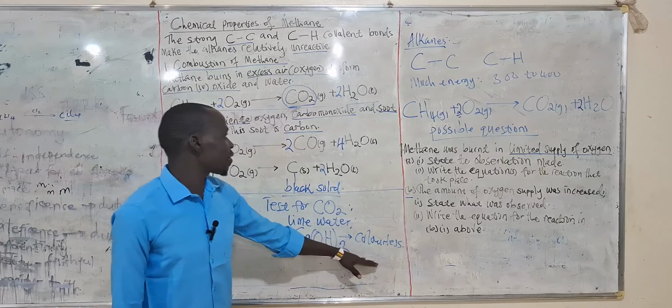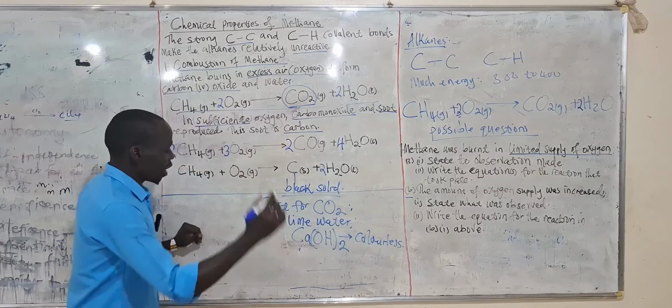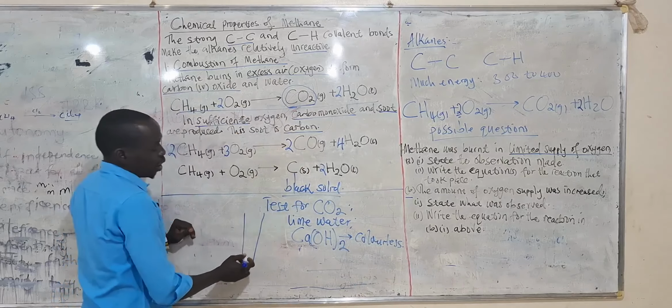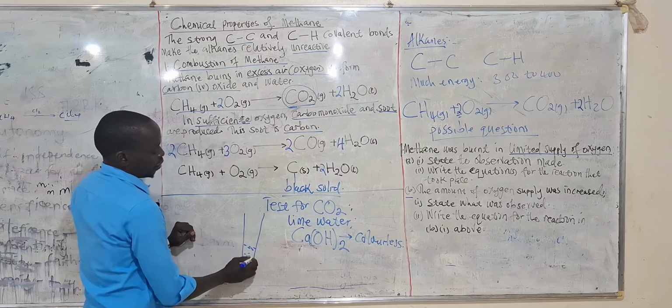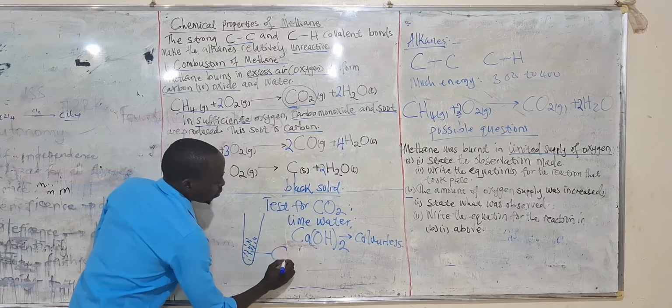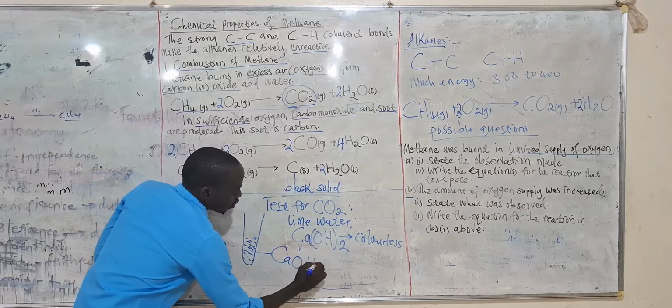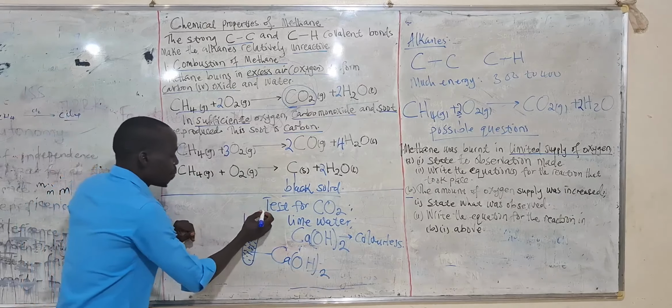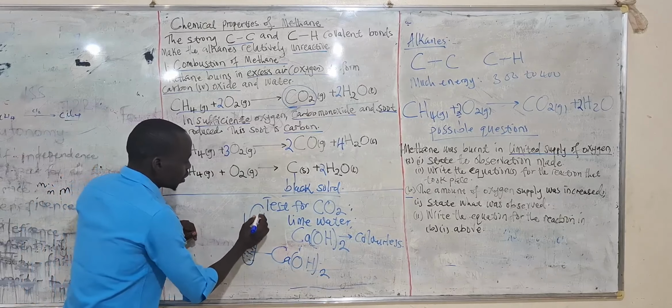So if it is colorless, and I get this carbon dioxide, assuming it is in the tube like this, of course, here we have calcium hydroxide. Then I lower or I bubble. That is the term that we use.